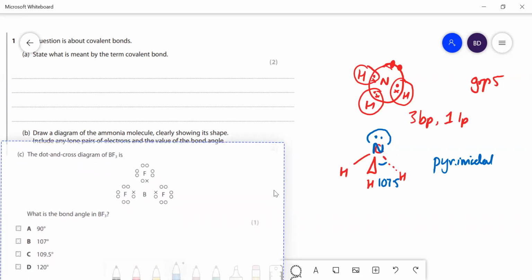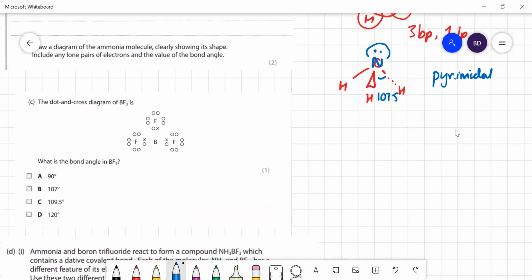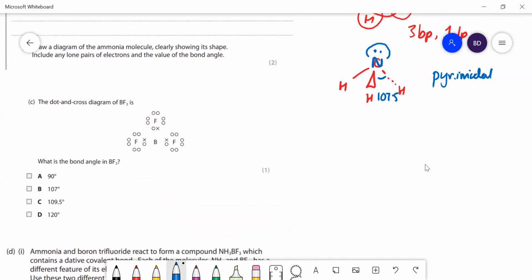Right, now we've got a diagram there of BF3. Okay, drawing a dot cross diagram there, we can see that boron has got 3 bond pairs and no lone pairs. Now, how can they get as far away from each other as possible? Well, it's going to form a trigonal planar structure, so it's going to be on a flat plane.